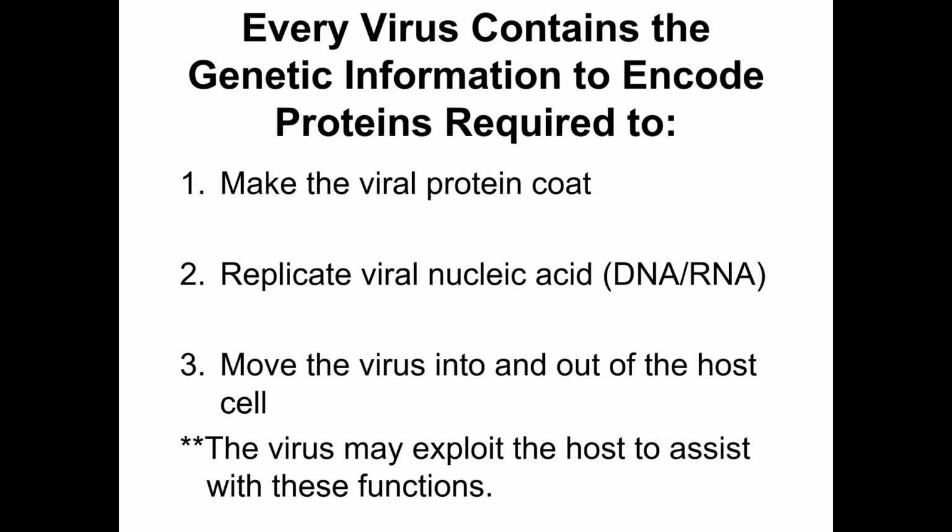As we ease into the replication cycles, I want you folks to start thinking about something. For one, all viruses have genes, genes that can be transcribed and translated into proteins. So they have traits. What traits do all viruses have in common?